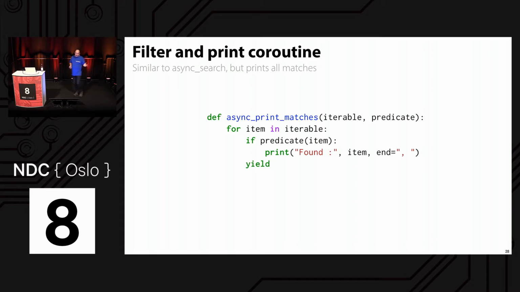I'm also going to introduce another function now, very similar to the search function, but rather than it returning the first match in a sequence, it's going to print every match. It's just going to keep iterating through the iterable, and every item that matches, we're just going to print it out. Okay? And we can see it's a coroutine because we have that yield in there.